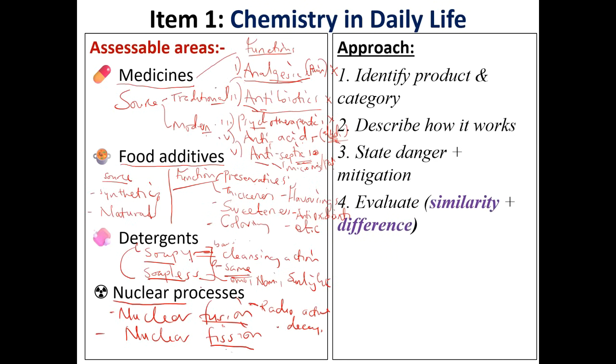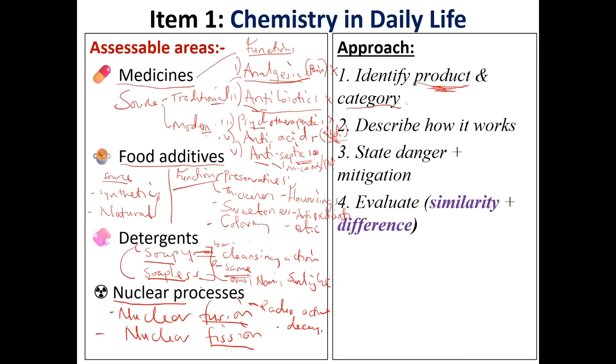Now, how do we approach items under this number one? They have set an item under number one, a standard paper of chemistry, and now we want to see how we approach. So number one, we need to read the scenario, and then from the scenario we identify the product which is being talked about. Now, after identifying the product, we categorize it.